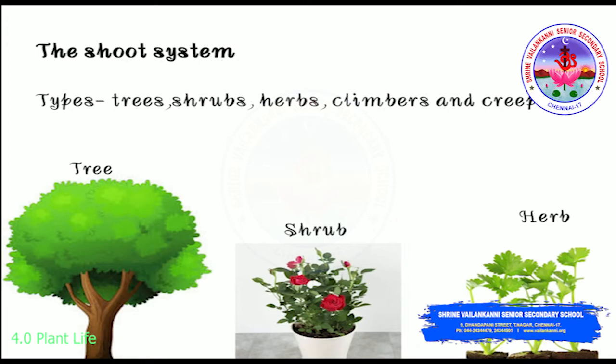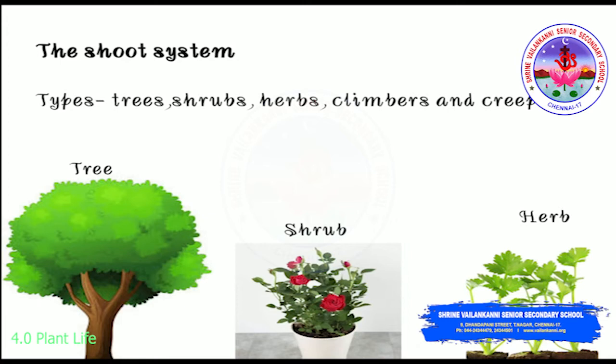The strong stem of the trees is called a trunk, and the covering of the trunk, the skin of the trunk, is called bark. So a tree will be very strong and tall, and the stem of this tree is called a trunk, and the covering of the trunk is called bark.